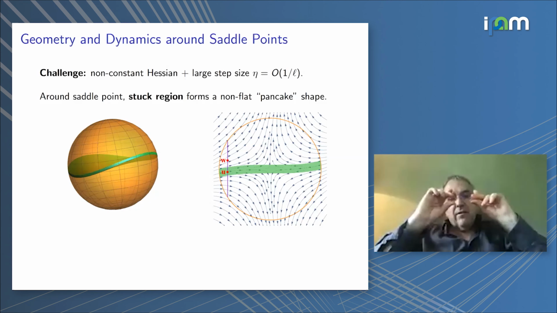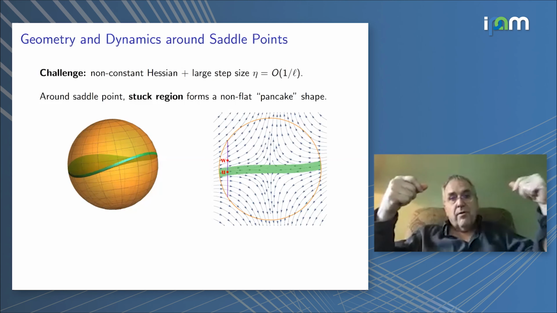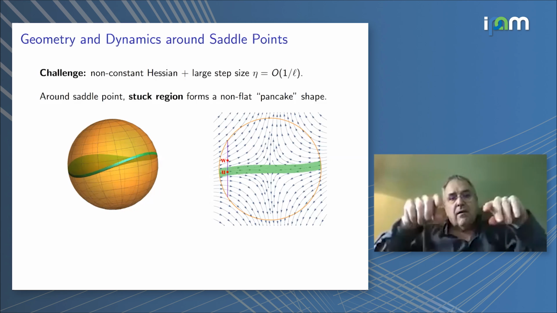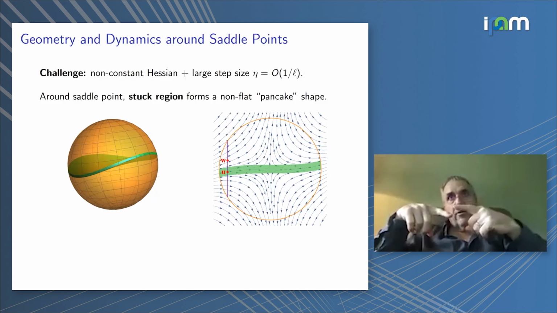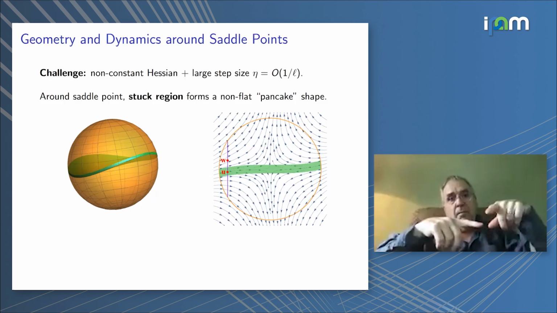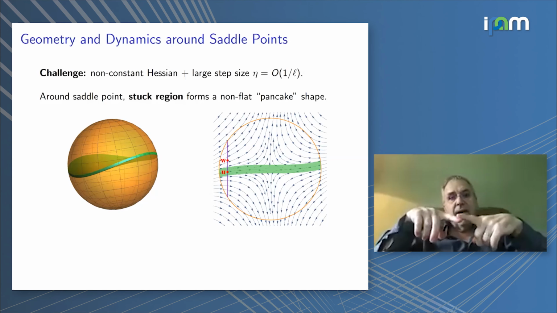So how do we get the width of that green region? That will tell us the rate, the dimension dependence. We do it with probability theory. Imagine starting two coupled diffusions, both within the green region. They start to jitter around, and at some point, because they're both flowing towards the saddle point, they will couple. And so you can calculate or upper bound that coupling time.